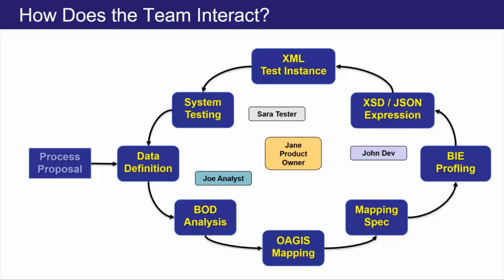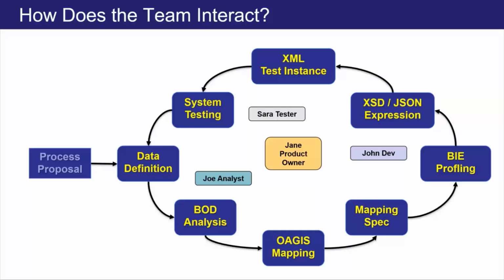Joe will work within Score to produce the beginning of the BIE profiles, and Joe will work with the developer John to refine those BIEs over time as we go through these development cycles. And Sarah will test and say, okay, here's the report that says what was working and what wasn't.